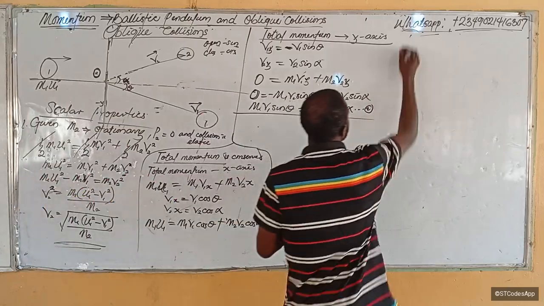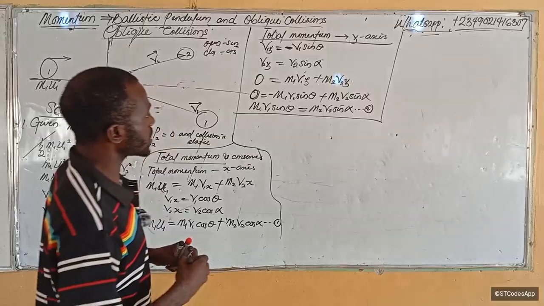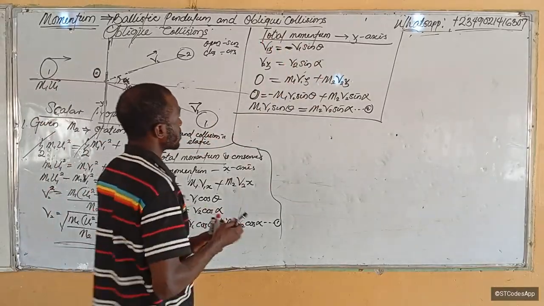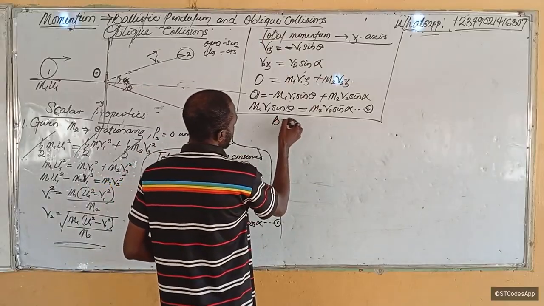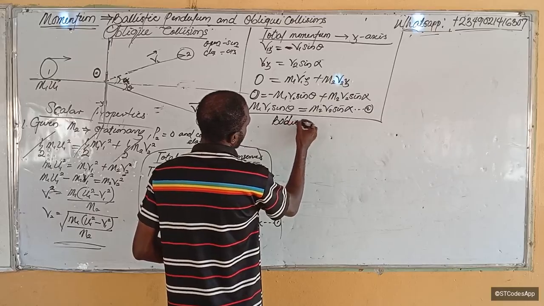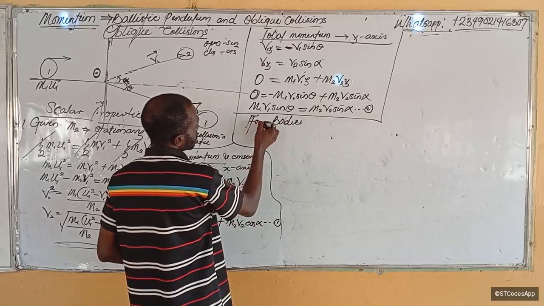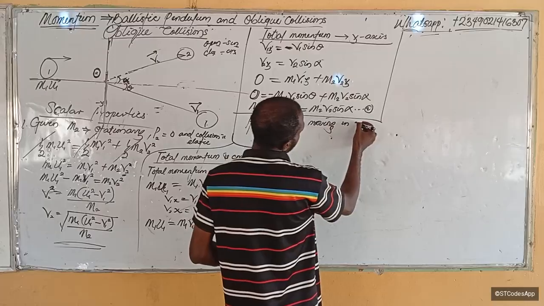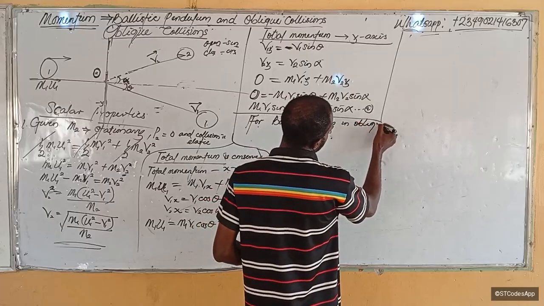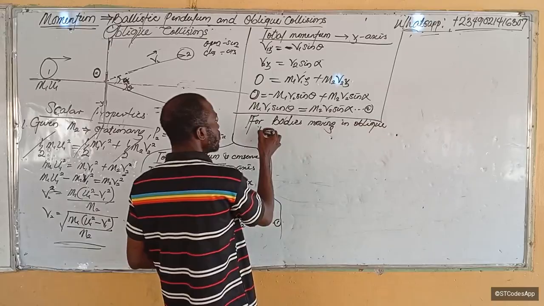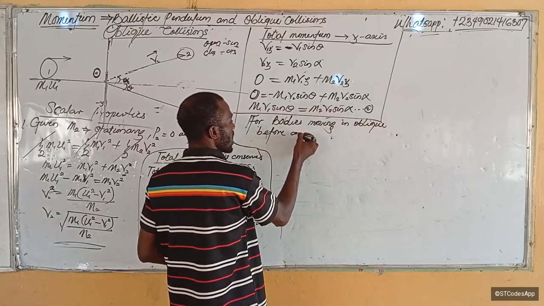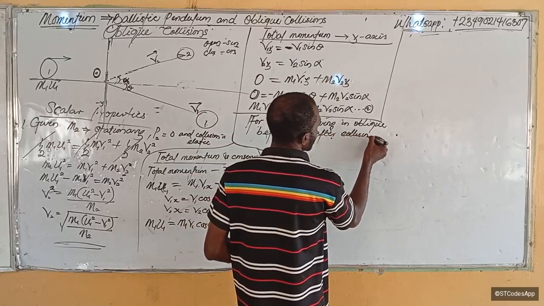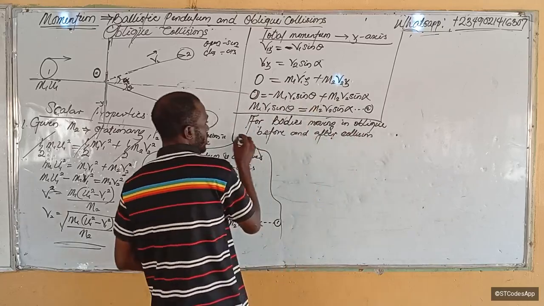So this is a case where both bodies were moving in the same plane before, moving obliquely. What if the bodies were moving in oblique positions before and after collision?